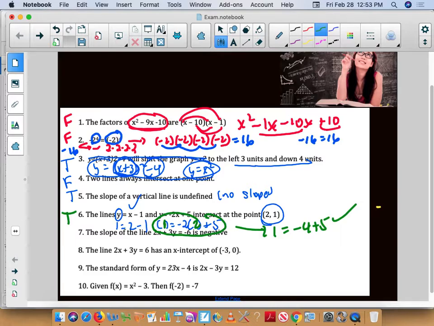I'm not sure what you're saying, but I asked if the point 2, 1 is where those intersect. That point 2, 1, there's no reason to even talk about another point. I just want to know if 2, 1 works in both of those equations. If they intersect there, it's got to be on both of them. So both have to get the same answer. They don't have to get the same answer. It has to work in both of them. So I see what you're saying now.